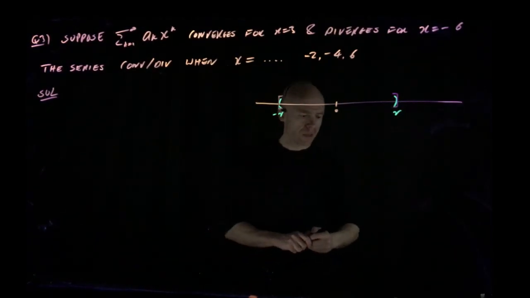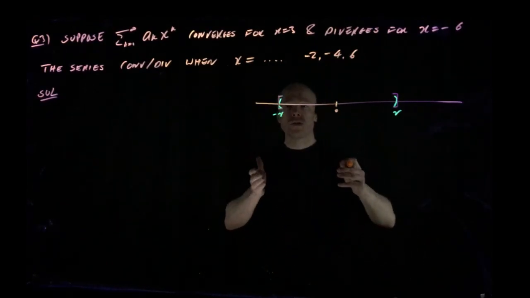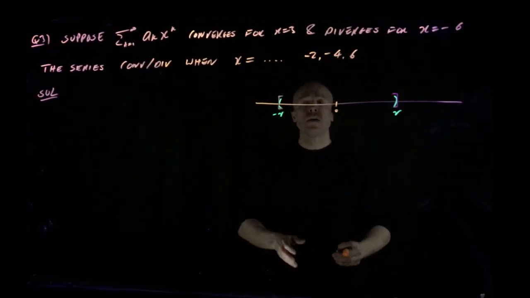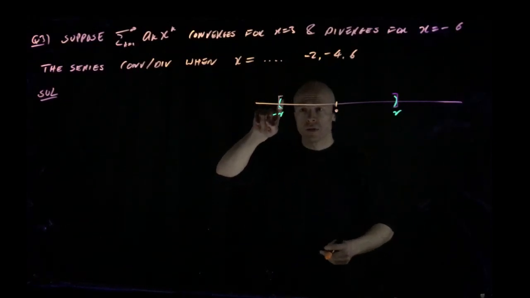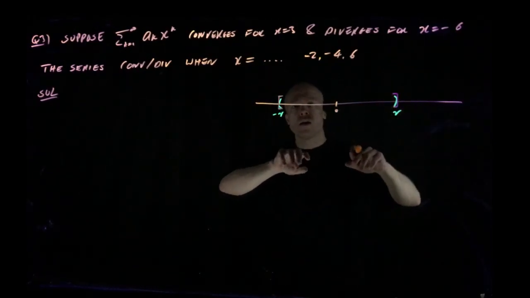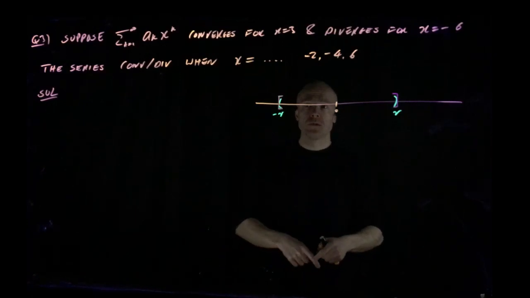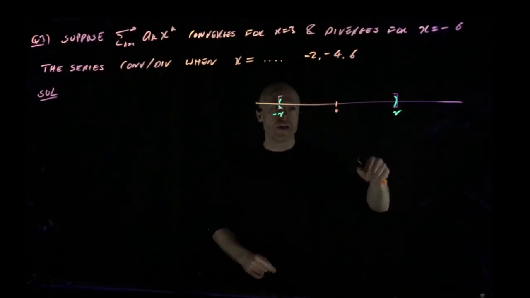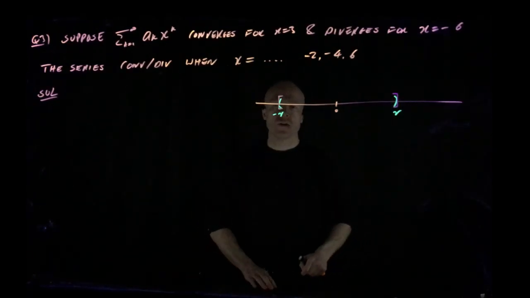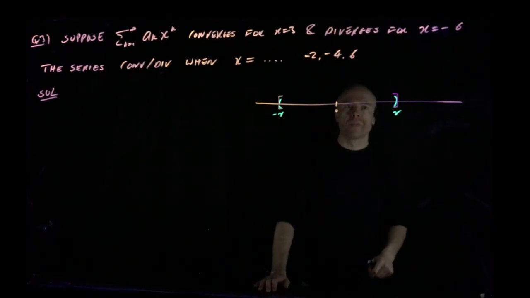Right? Because it could converge on the closed interval minus r to r, the half open interval, the other half open interval, or the open interval minus r to r, right? We have all of these possibilities. That's what we know, okay?